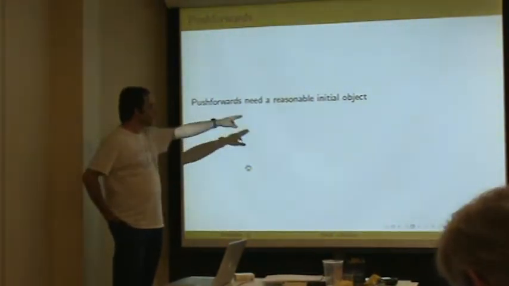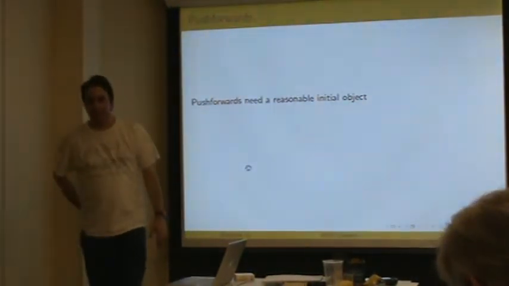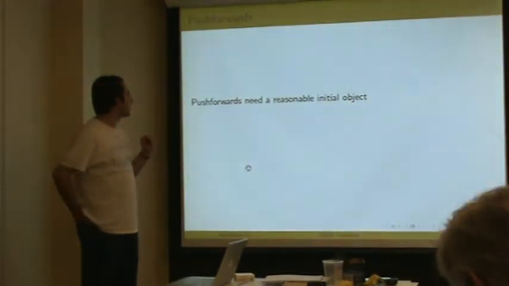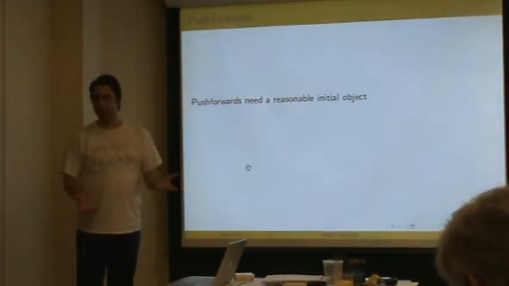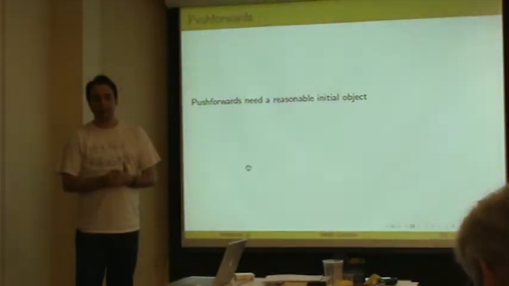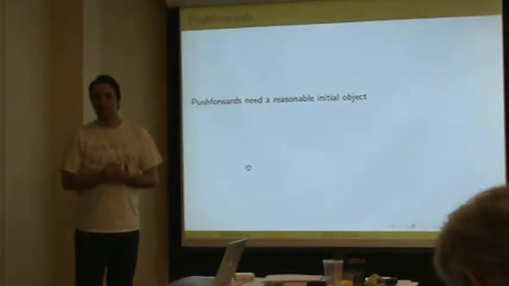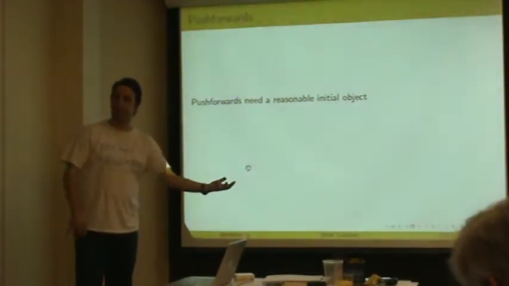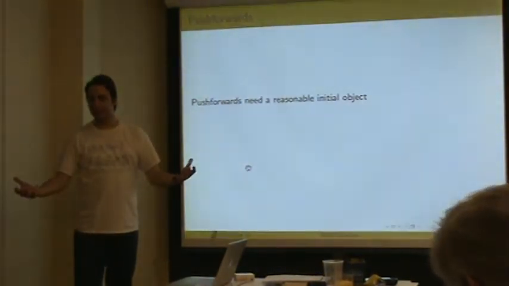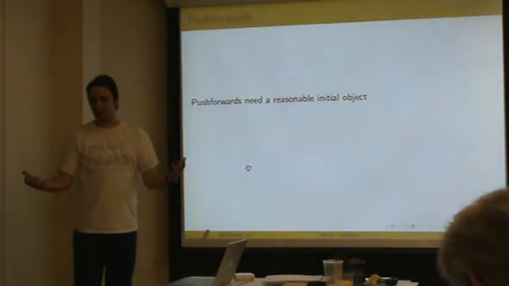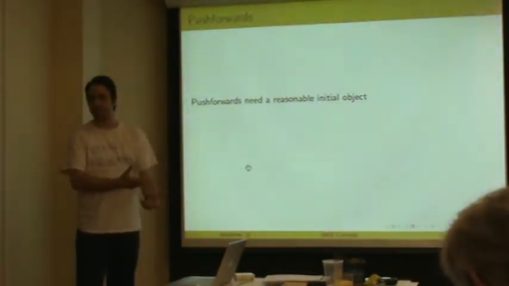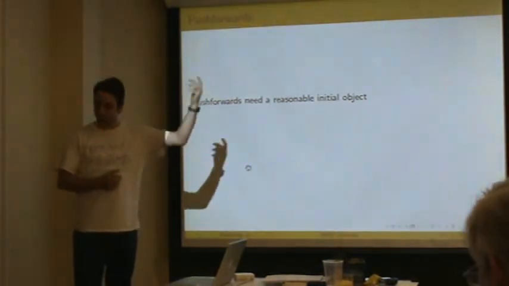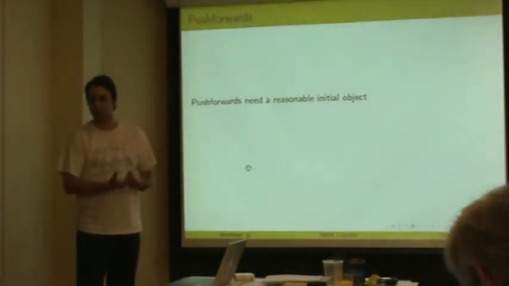So to make sense of a push out, you need an initial object. And the other thing you need is a category, because you want to do these things in a category theoretic context, but it makes it really hard because your things don't necessarily belong to the same category. You have the rationals and you have the integers. They're both rings, but the result is a field, and you want to have field morphisms from things coming from a field, and ring morphisms from things coming from a ring.